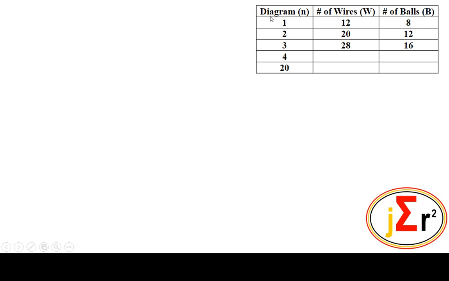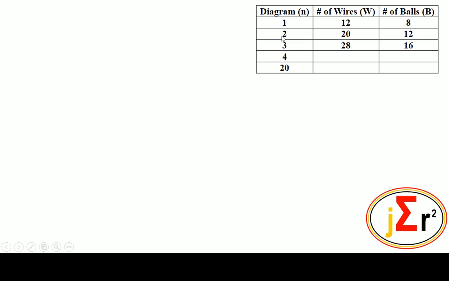Here we have a table. The table has to do with particular diagrams that are constructed by making use of wires and balls. The first column tells us the number diagram.